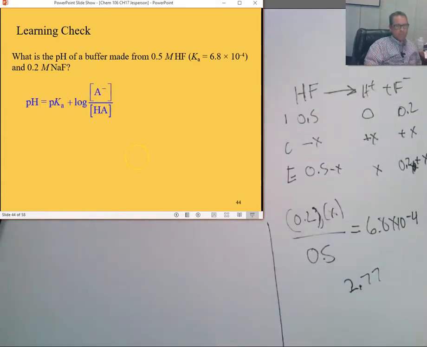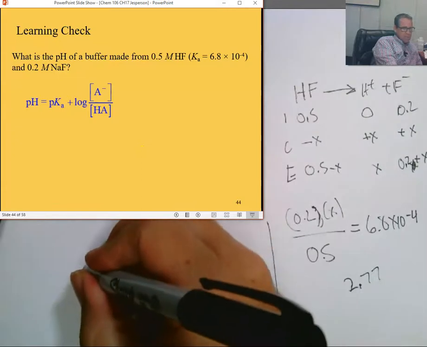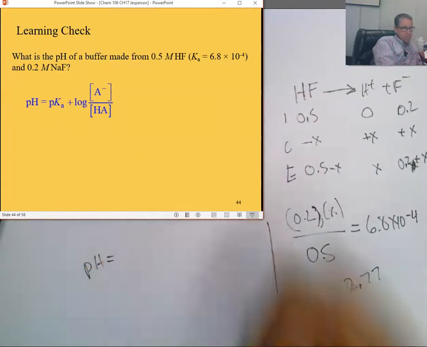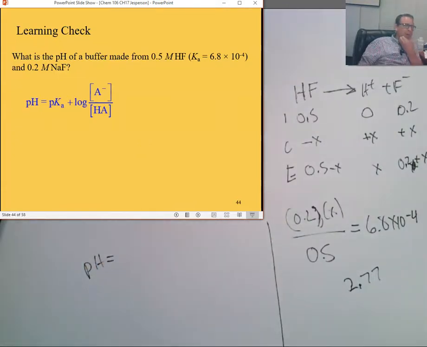Okay, now let's do it the other way. If we're given this equation here, pH equals pKa plus the log of A minus over HA. How can I get the pKa for this solution? Brielle, help me out with the rest of this.